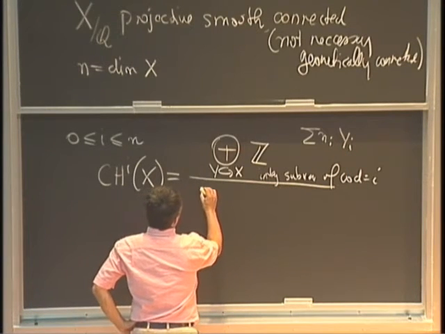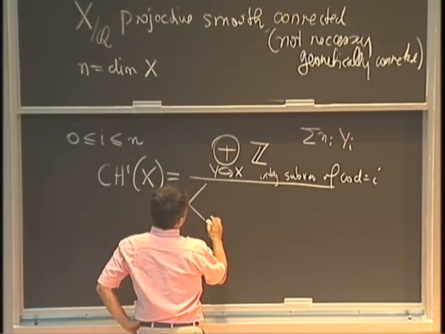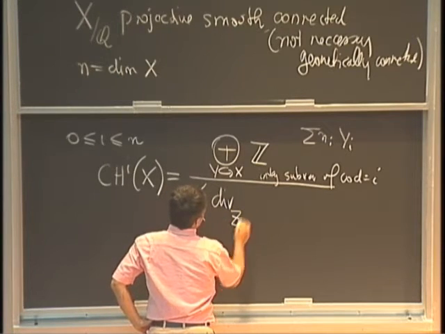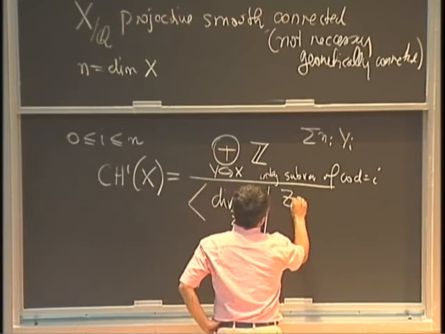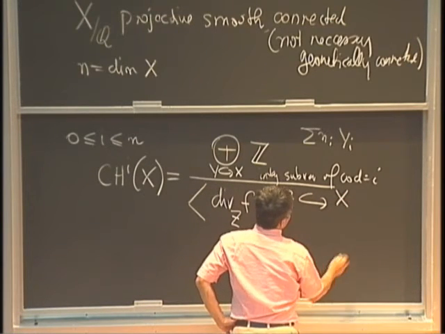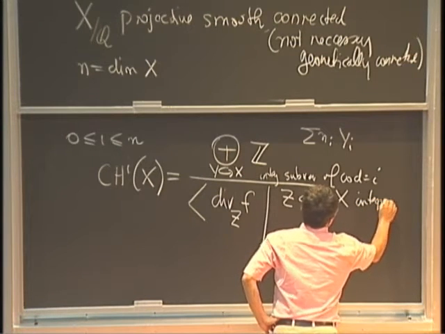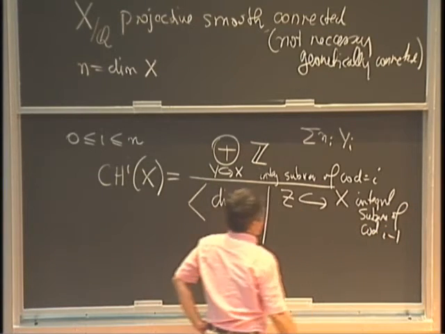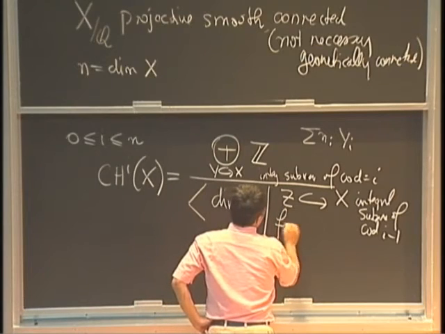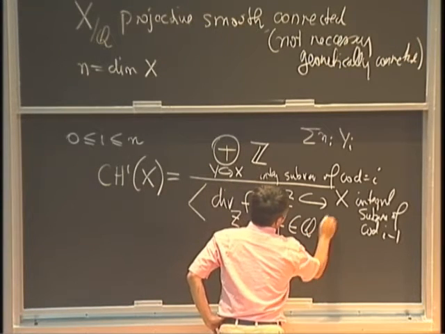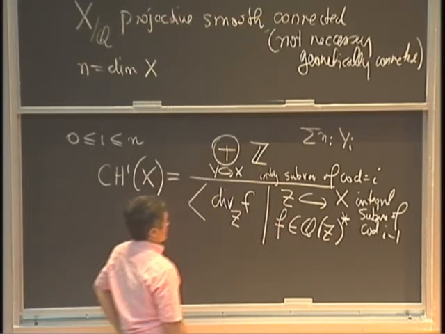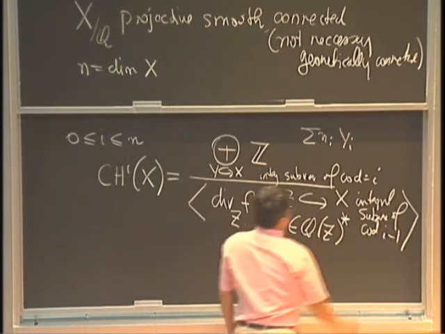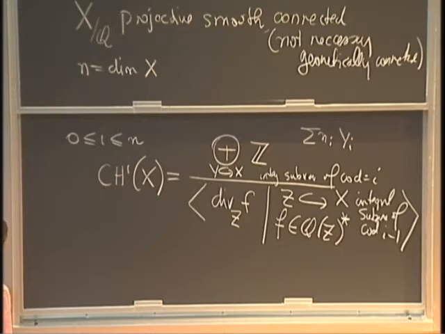Here you mod out the subgroup generated by the divisor of F on Z, where Z is an integral subvariety of codimension i minus 1, and F is a rational function. So this group is called the Chow group of cycles of codimension i.